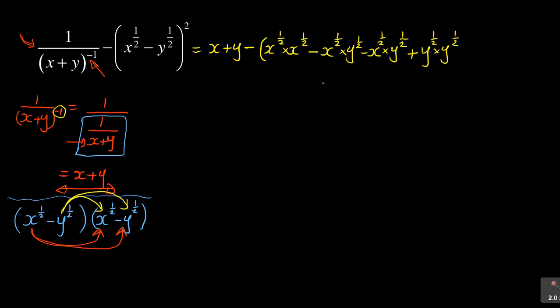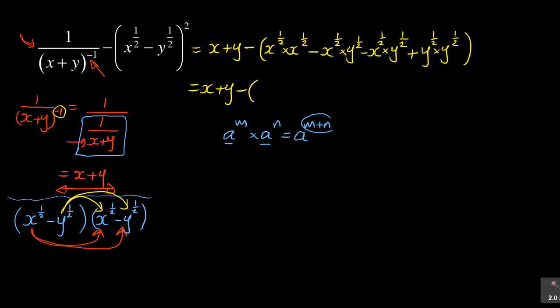Now when you've done that, close the bracket, which is equal to x plus y minus. Now if you remember your laws of exponents, that's what they were checking. Remember, a to the power m times a to the power n, if the bases are the same, you add your exponents, a to the power m plus n.